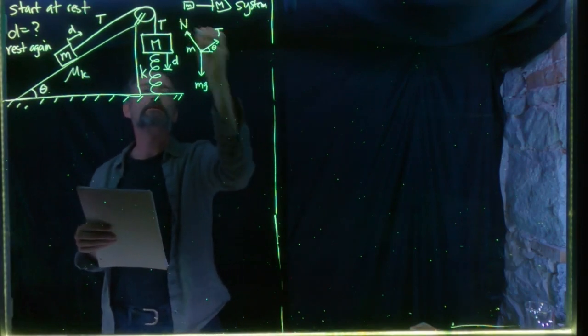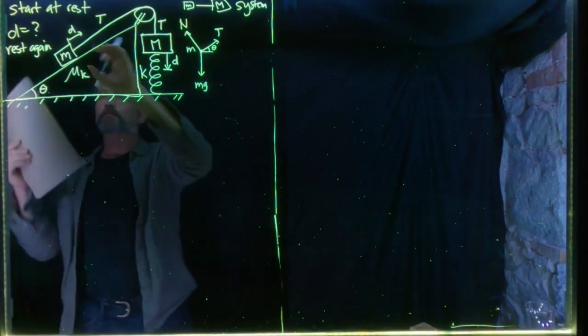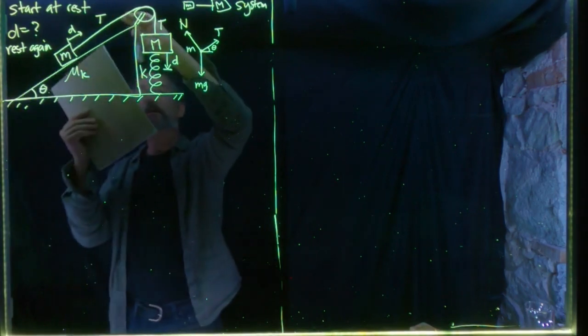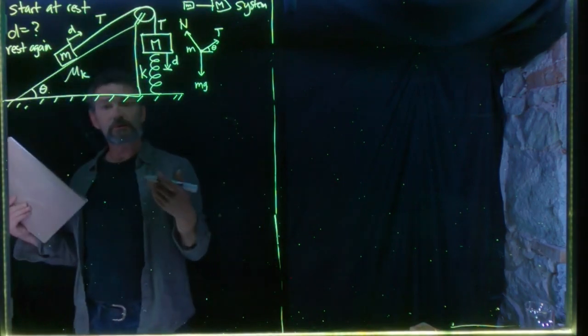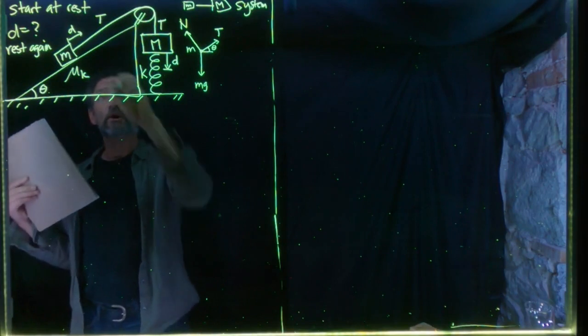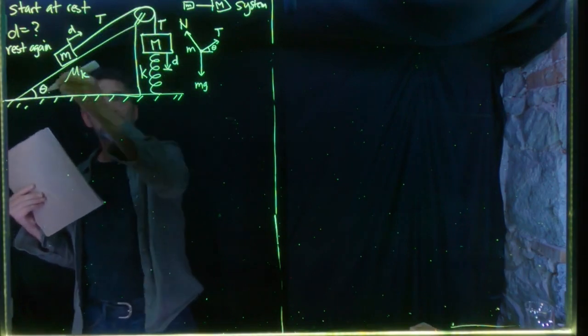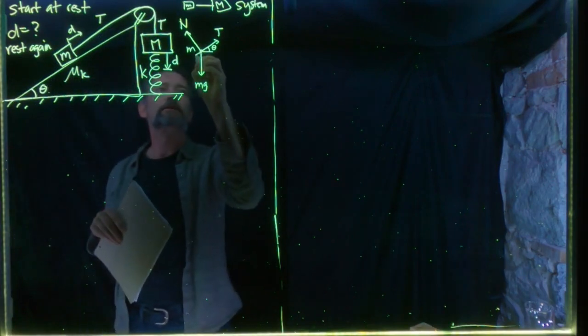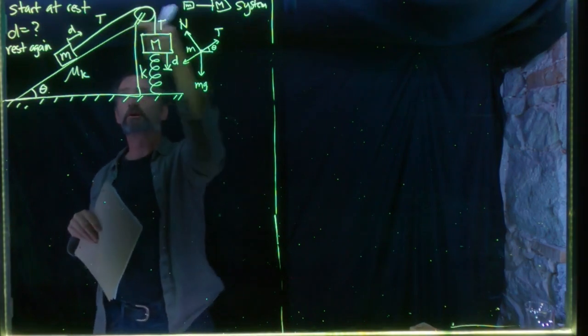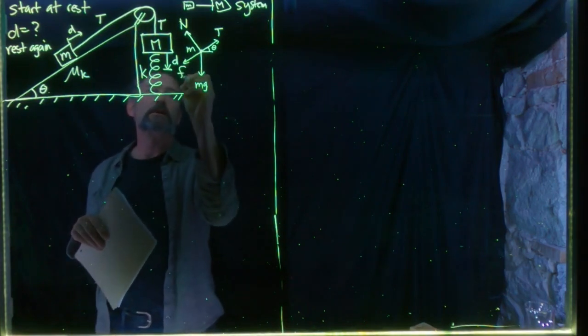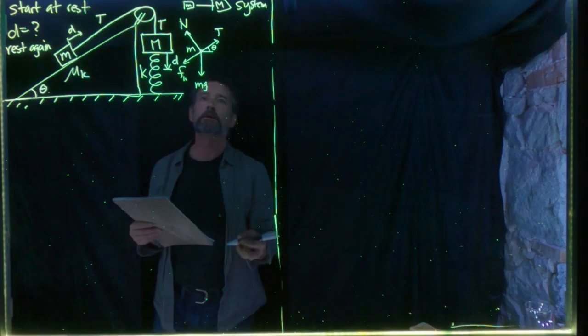This block, little m, is going to be sliding up the incline, so there will be a force of friction, in this case kinetic friction, opposing that motion, so it'll be down the incline, in a direction opposite to the tension. So there's a force of kinetic friction on block little m.